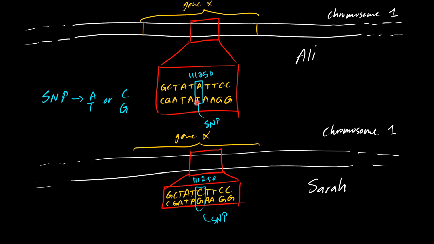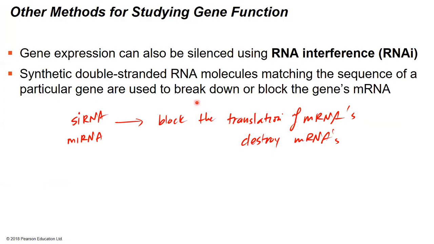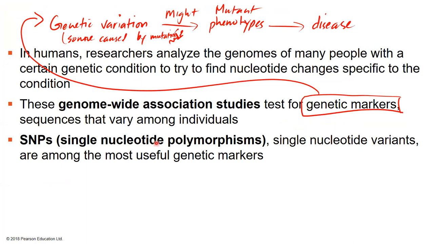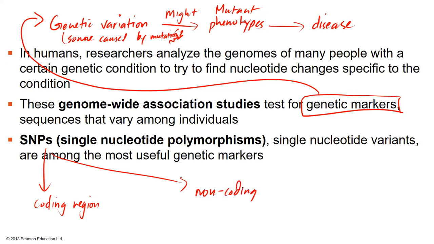Maybe it's an intron. So some SNPs are in coding regions, like within exons, and some are in non-coding regions. Actually, not some. The majority of SNPs are in non-coding regions.